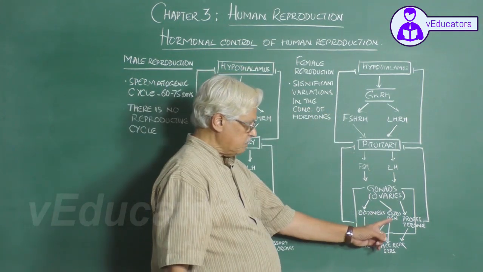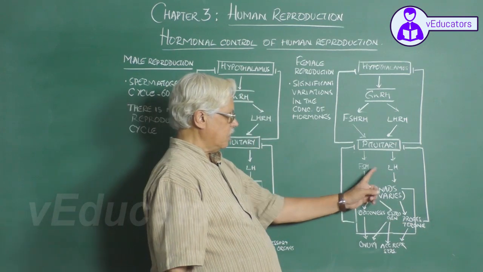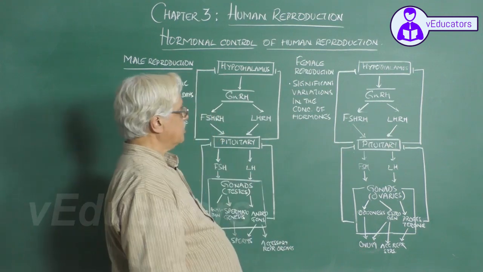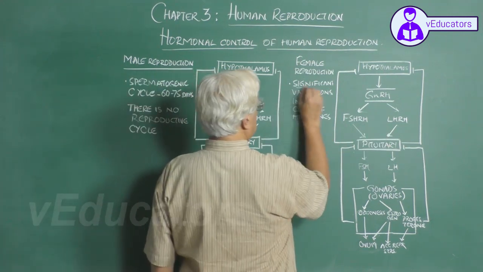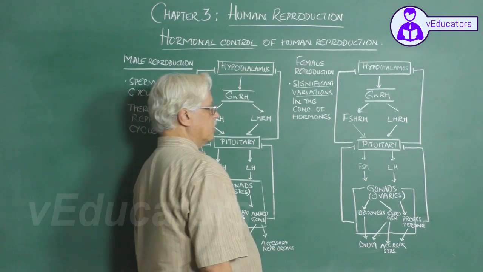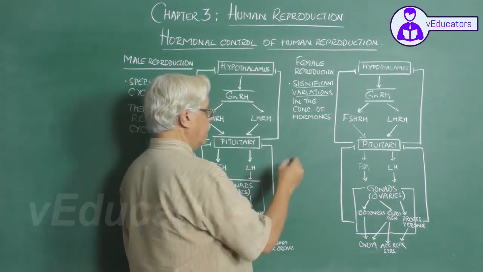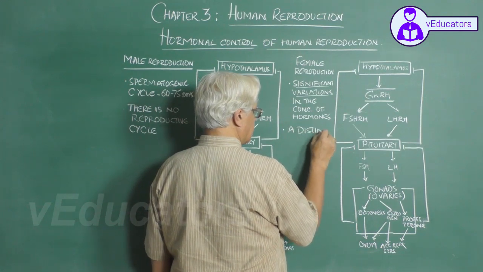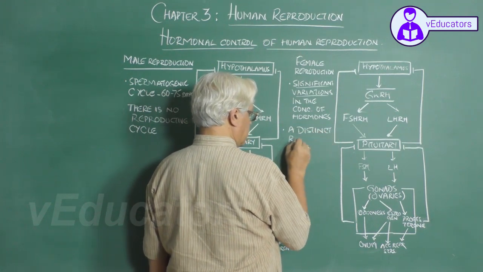Variations in the concentration of estrogen and progesterone, accordingly FSH and LH, accordingly FSH-RH and LH-RH. Significant variations in the concentration of hormones, and there is a distinct reproductive cycle.